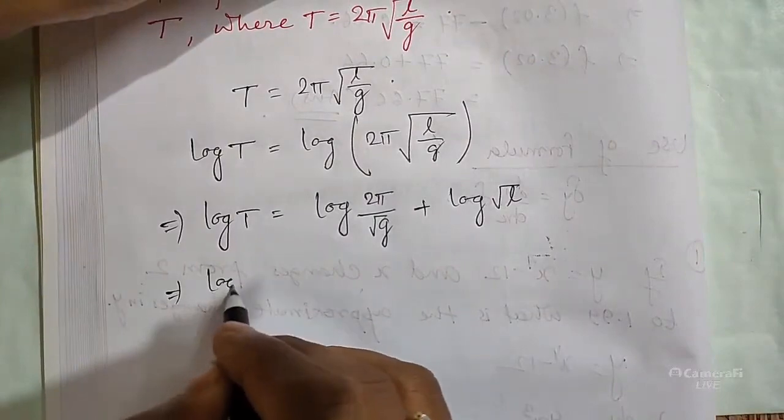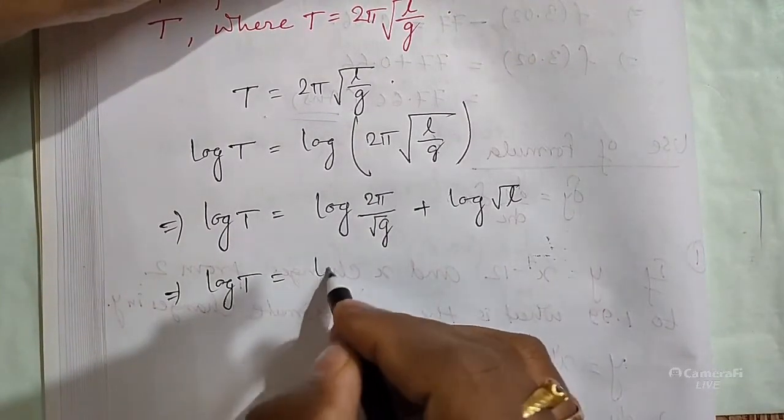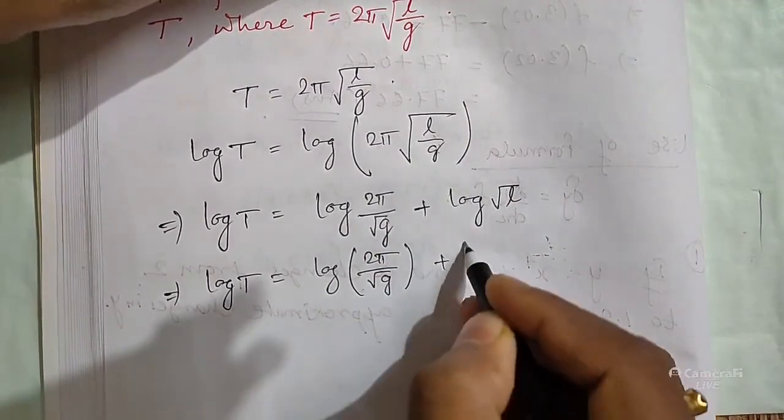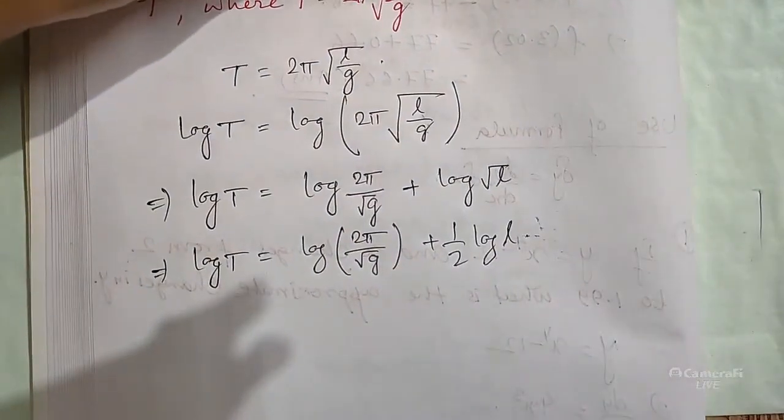That means log T is equal to log 2 pi by root G plus half log L. Root means half.